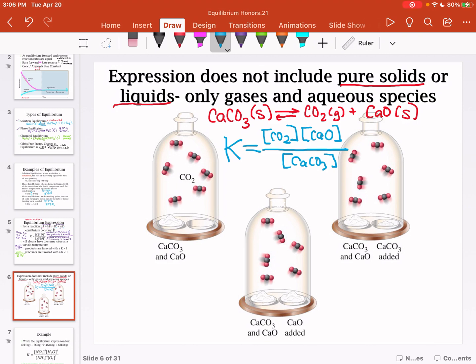Done. However, what's the deal here? What I can see is that calcium carbonate is a solid. Calcium oxide is a solid. So they have no business in an equilibrium constant expression. And so my K_eq or my K_c is just simply going to equal the concentration of the carbon dioxide gas. It is the only thing that would stay behind.